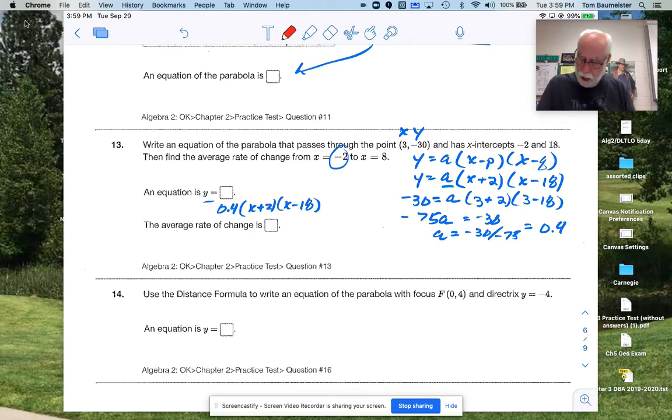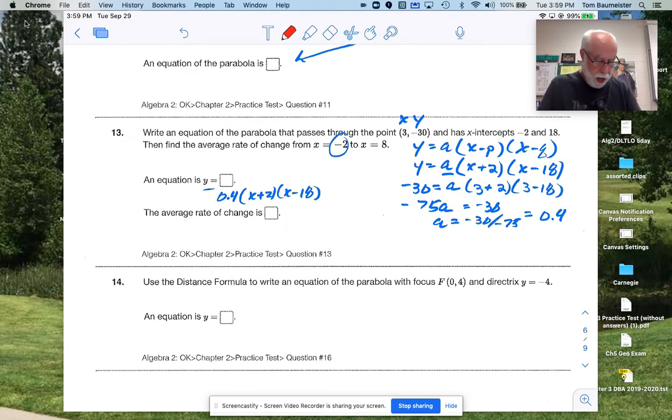Okay, what was nice on this one here is, remember, the average rate of change. So they're asking us to go from negative 2 to positive 8.